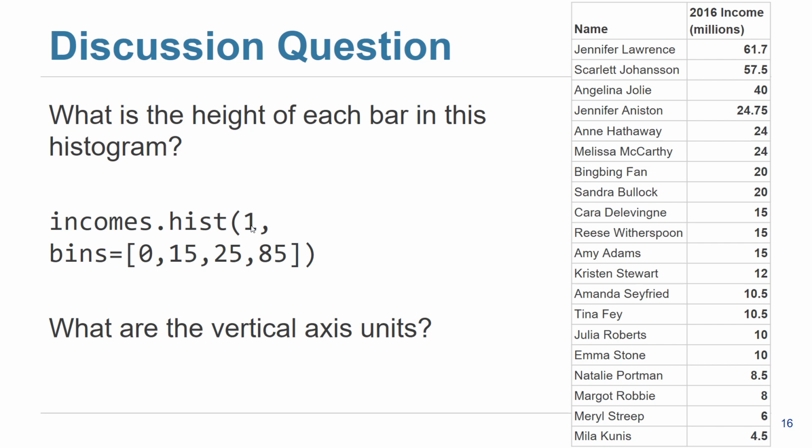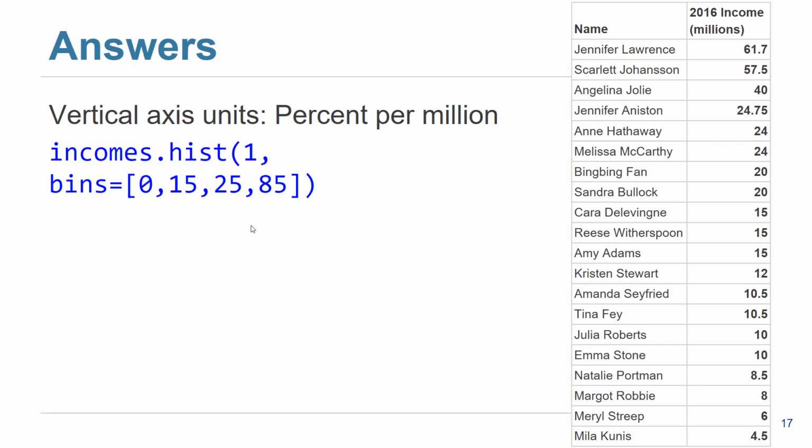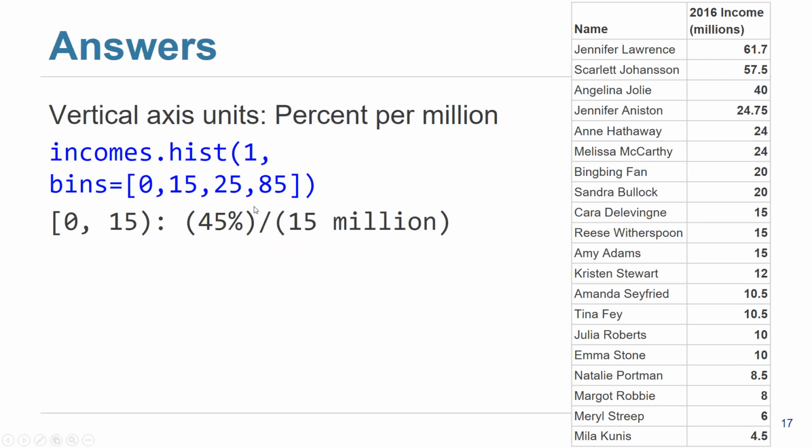Okay, so it's 0.45 divided by 15. So this is 45% divided by 15. So that will be 3% per million. Okay, so that's the height, which is density. Okay, so did you understand how we got it?